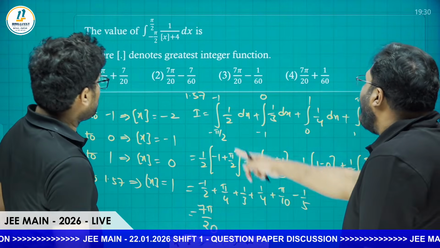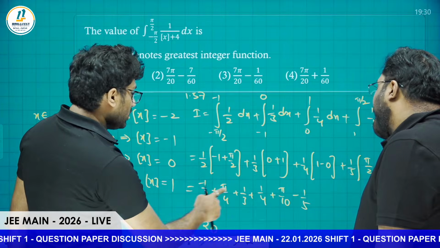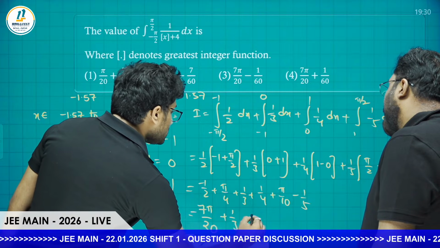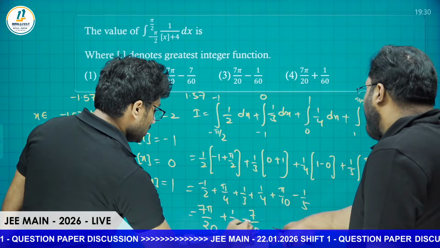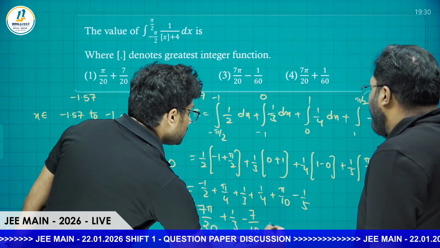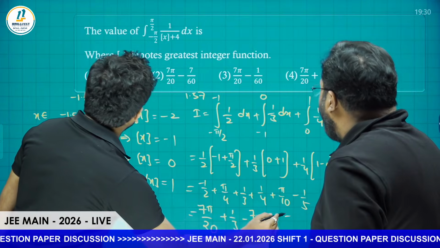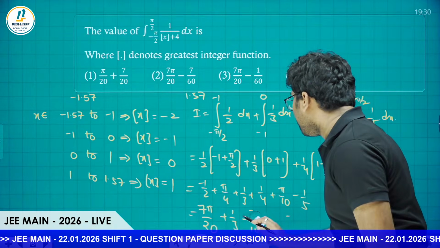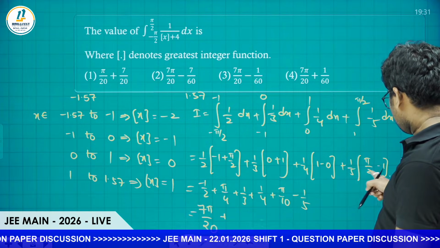So we have 7 pi by 20. Then take the constants: minus 1 by 2, plus 1 by 3, plus 1 by 4, minus 1 by 5.